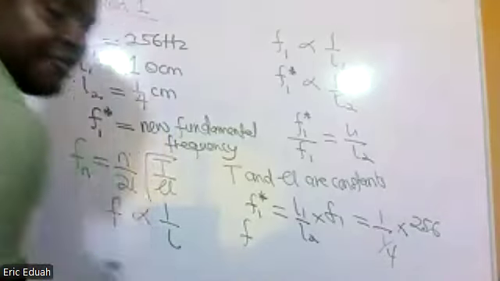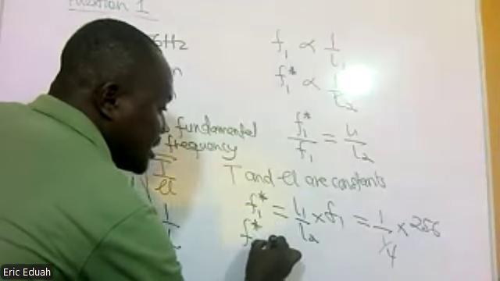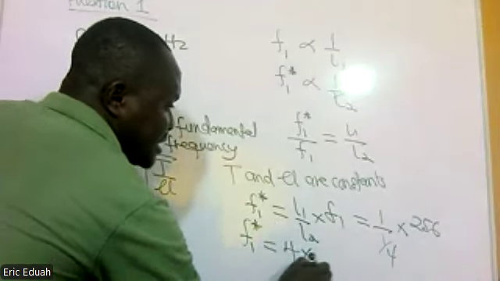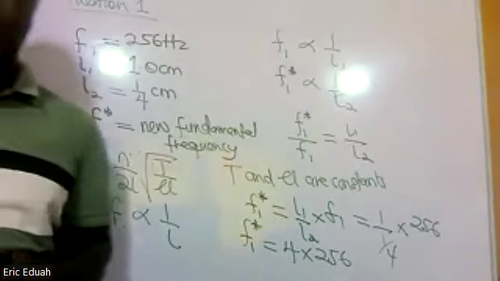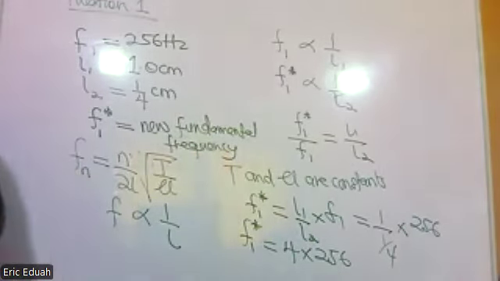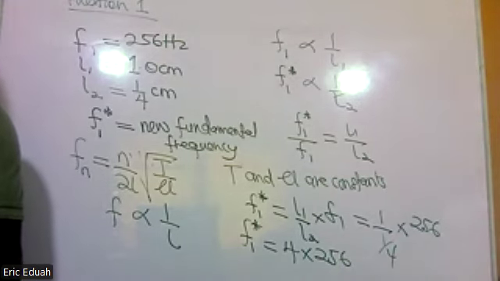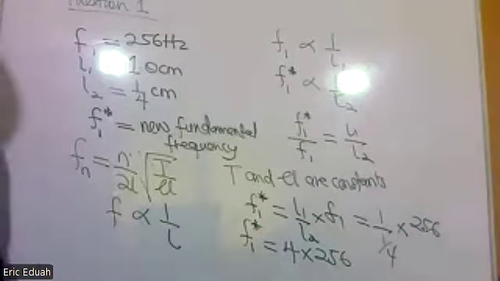Therefore, if we vary the length, the new fundamental frequency would be equal to 4 times 256. And class, what is 4 times 256? Anybody who got that? 1,024. Okay, so that's the answer.